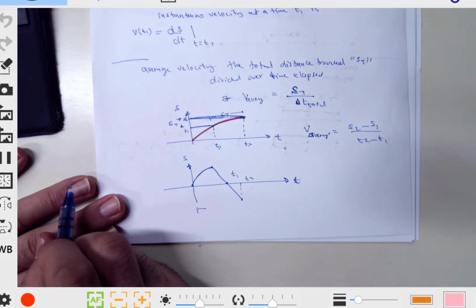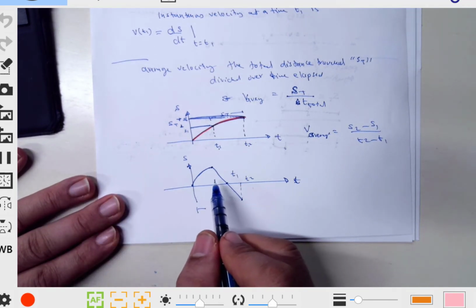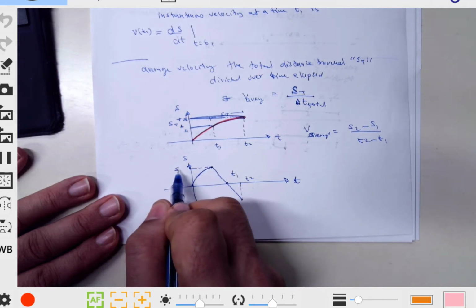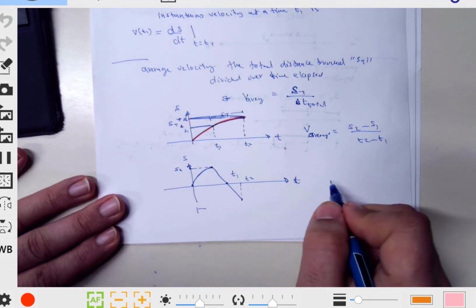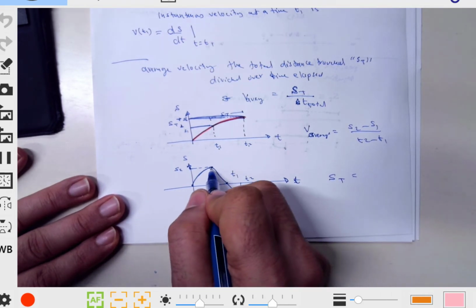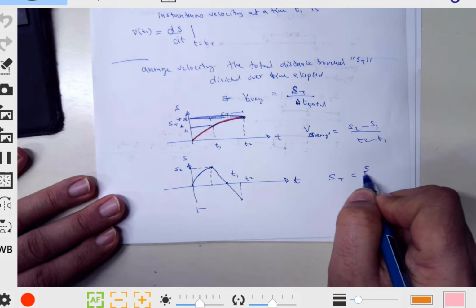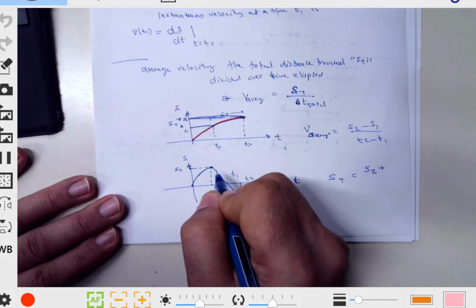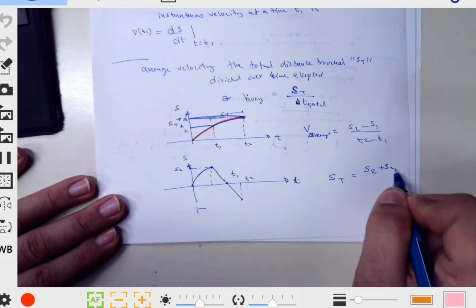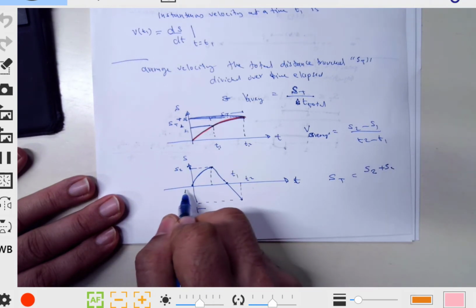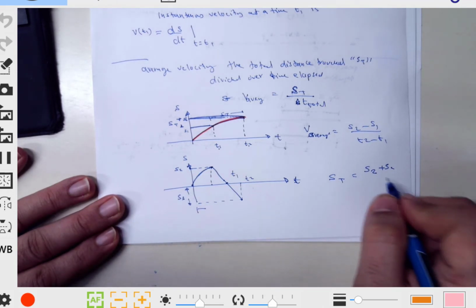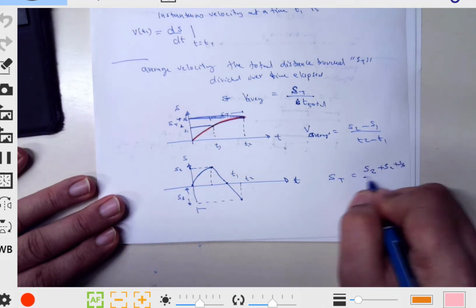So s total is equal to this distance, plus that distance, which is again s2, plus that distance, called s3, over total time.